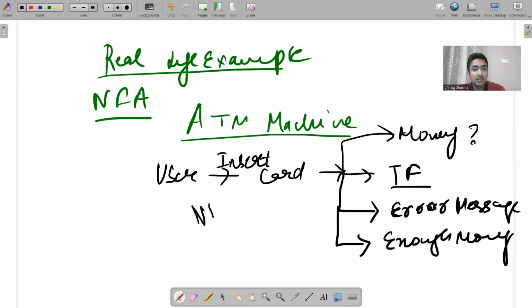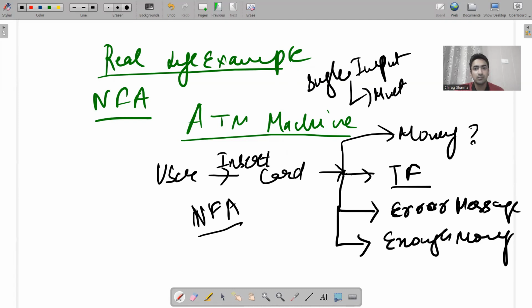Why? Because you have given a single input and you have multiple outputs. It means there is no clarity as to which is correct. So this is a clear case of NFA. But in DFA, if you give a single input, you must get a single output. In real life, that doesn't happen.